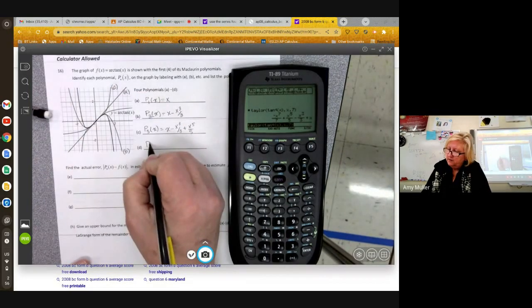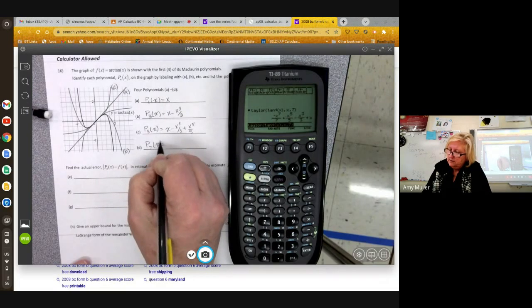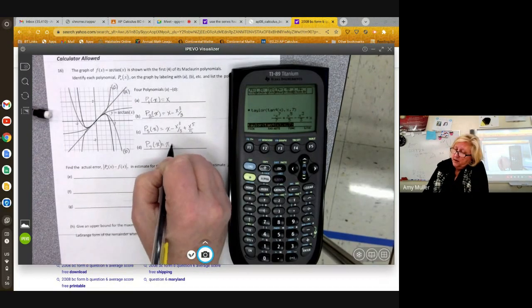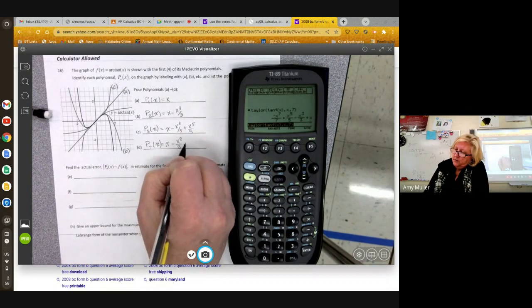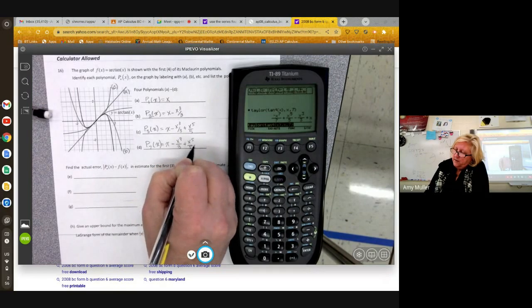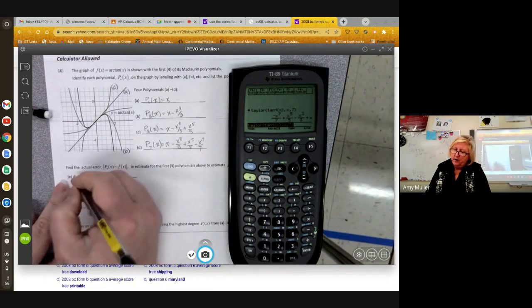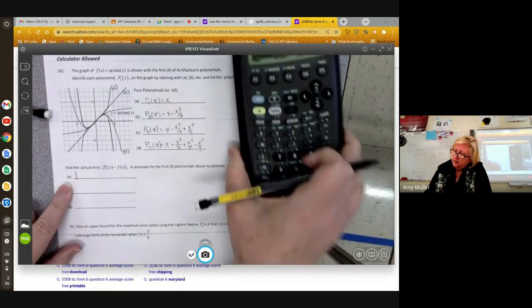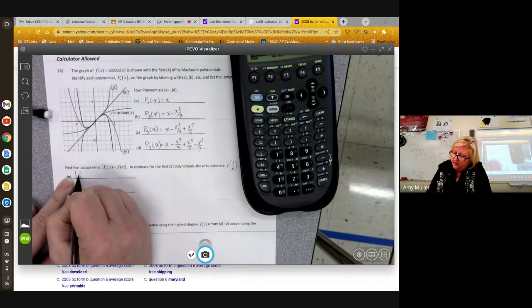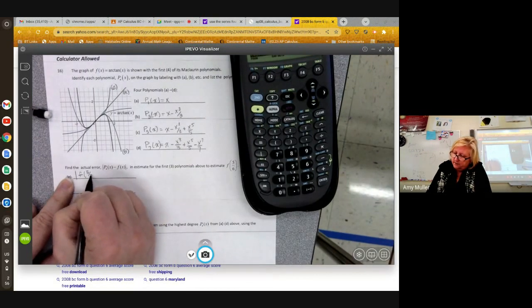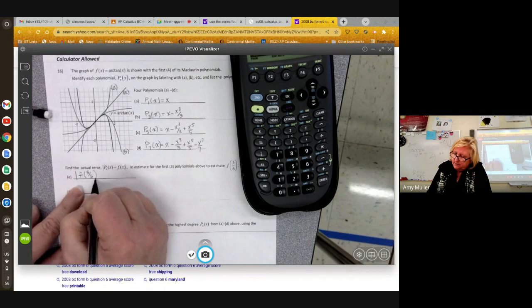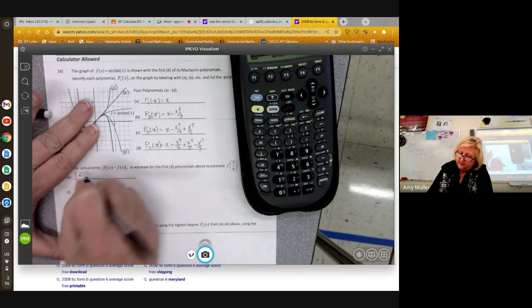Then the 7th degree is x minus x cubed over 3 plus x to the 5th over 5 minus x to the 7th over 7. Agreed? And then this says find the actual error. So we're going to say f of 5/6, or can I say arctan of 5/6?